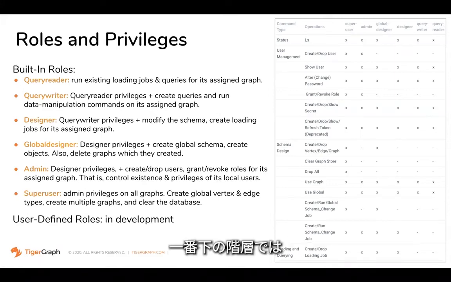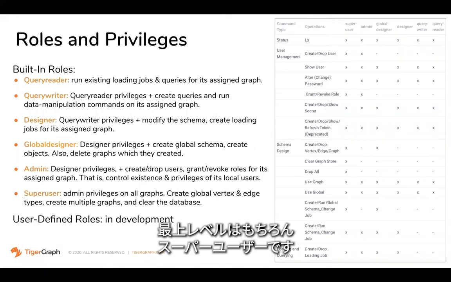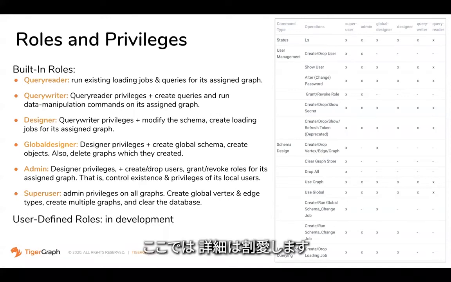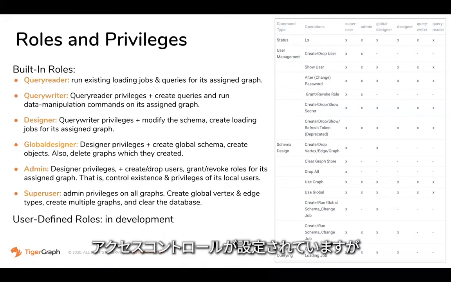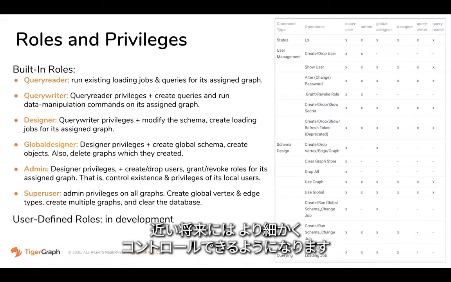At the lowest level is query reader, and the top level is obviously super user, but I'm not going to spend the time to go through everything here. You can see that even with the built-in roles, you have pretty fine-grained access control, and we're going to be giving you even finer-grained control in the near future.